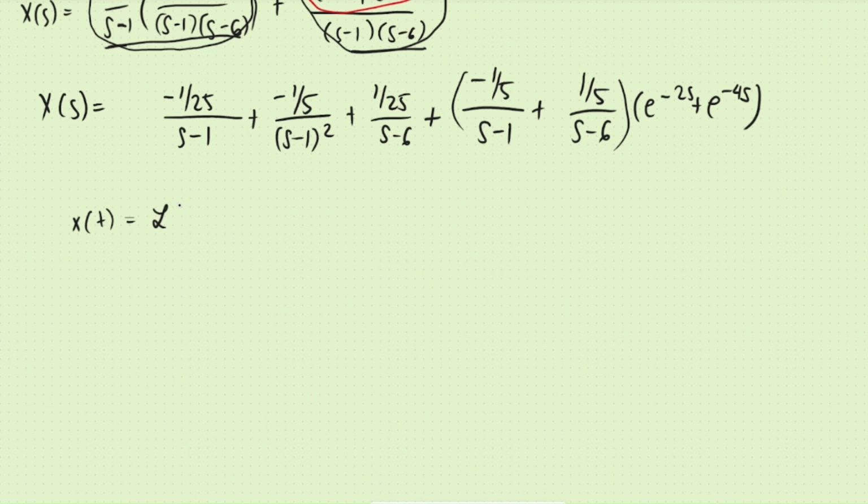which is just the inverse Laplace of the x of s. Laplace is just linear, so we can write it as this one.